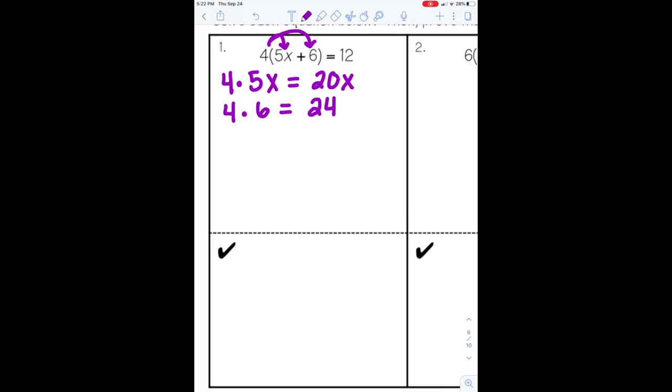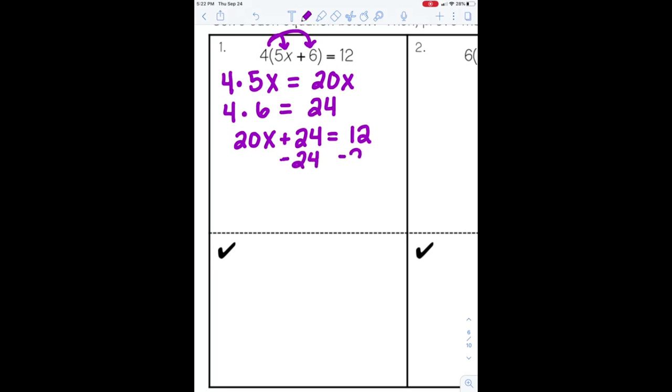And so I'm going to end up with 20x plus 24 equals 12.